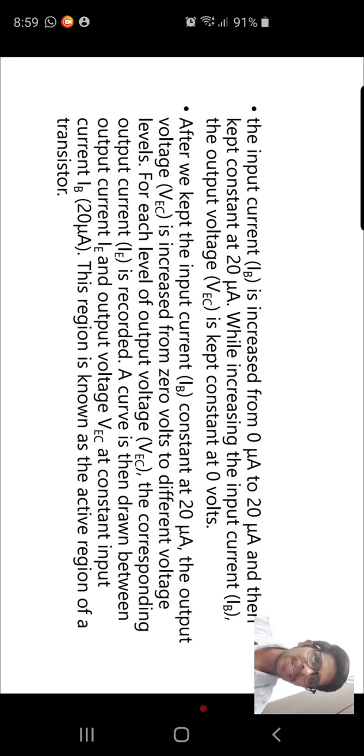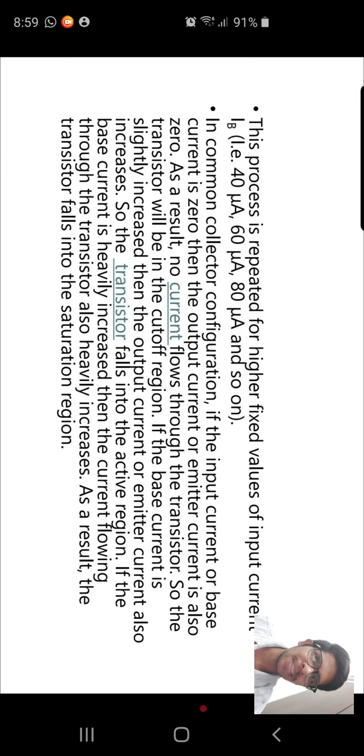This is the active region of the transistor. The process is repeated by changing the fixed value of the input current IB to 40 microamps, 60 microamps, 80 microamps and so on. In common collector configuration, when the input base current is 0, the output emitter current is also 0.